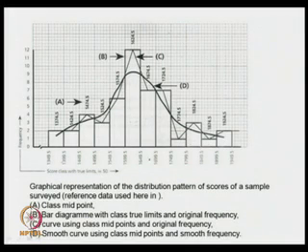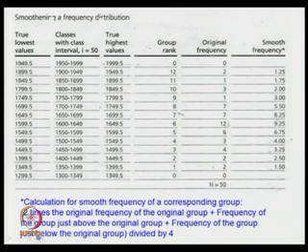C is this curve, the curve using class midpoints and original frequency, and this is the D curve, a smooth curve using class midpoints and smoothened frequency. How to make the smoothening of the curve? See the true class intervals, then in this class interval the group ranks and then the original frequency.